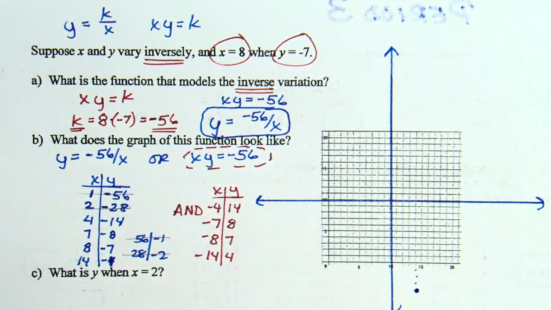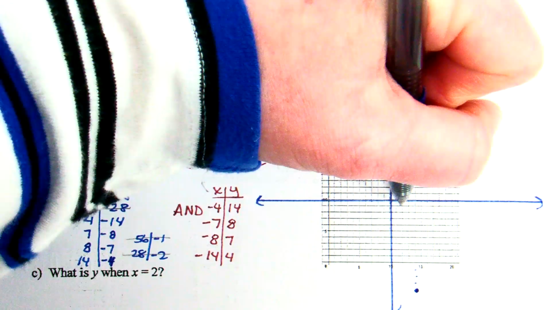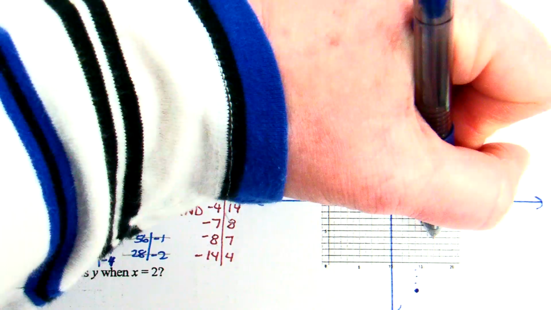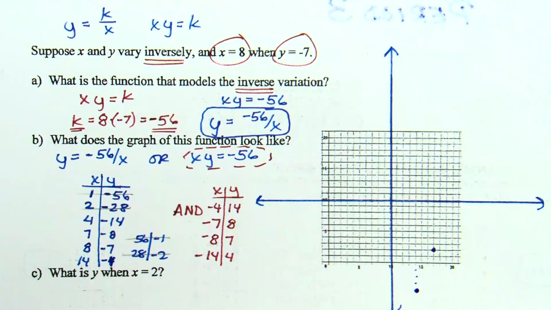Okay. 7, negative 8 says right 7, down 8. 8, negative 7, so right 8, down 7. 14, negative 4, so right 14.